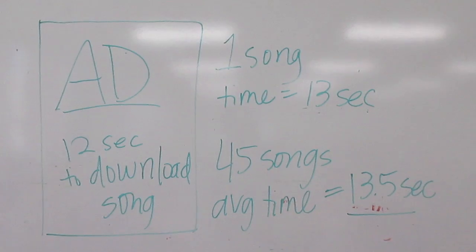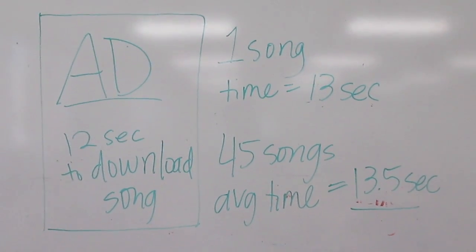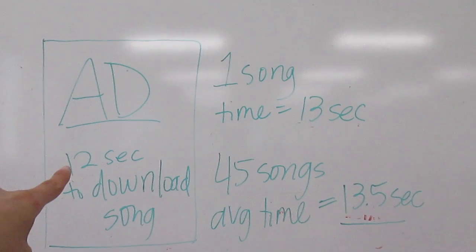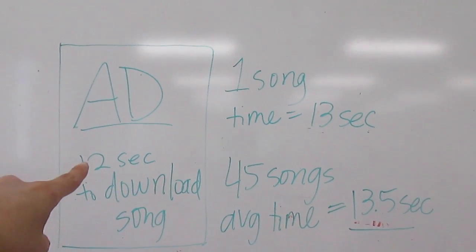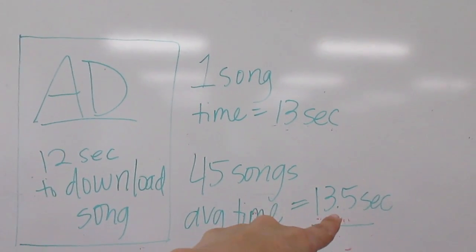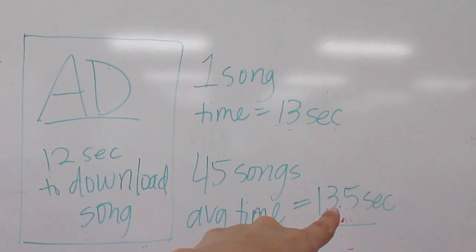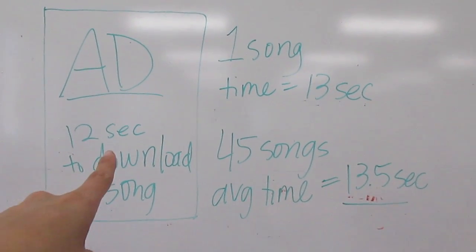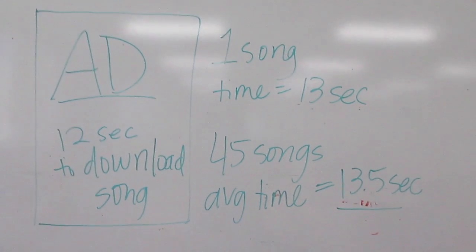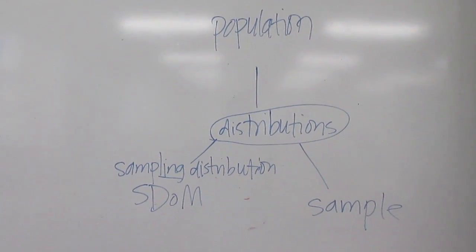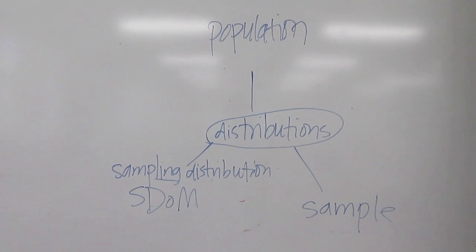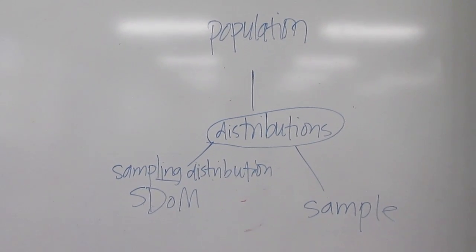There's variability there. The question is, is this from this population? If this is the mean of the population, could this sample have come from that population? Or is it sort of unlikely to have come from this population? Now, to think about this question, we're going to go back to our distribution triad. After all, distributions, this is what statistics is all about.